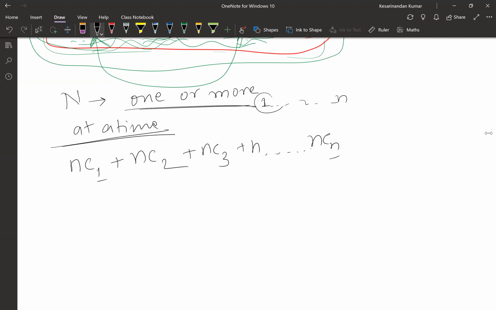Now can anybody tell me the sum of this? Because these are all the numbers of cases and they do not depend on each other, they are exclusive events, so the principle of multiplication is not applied here.